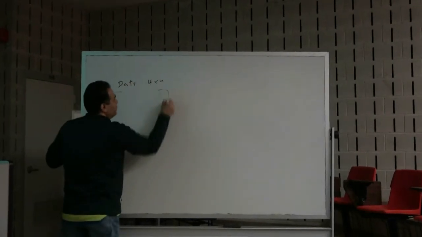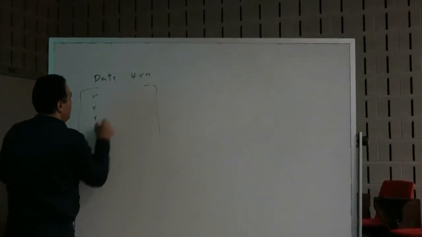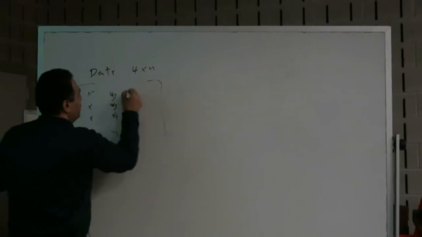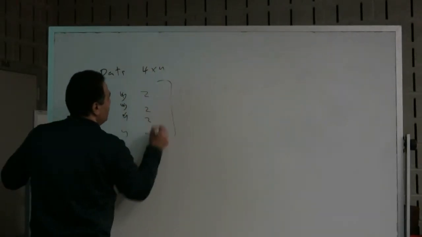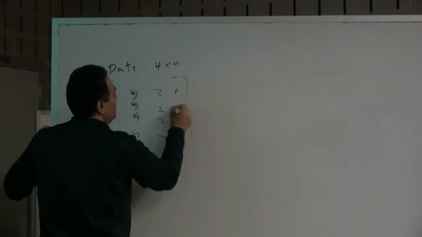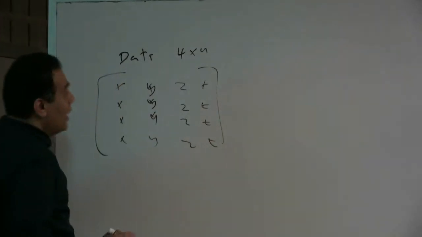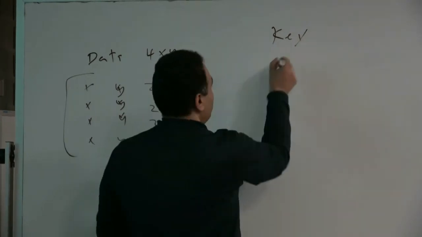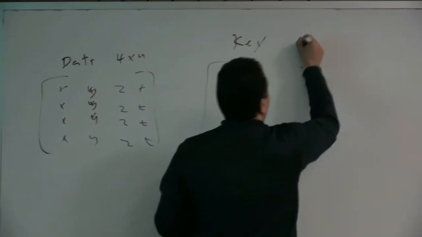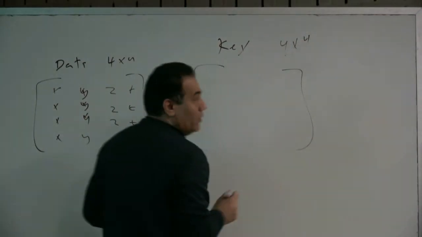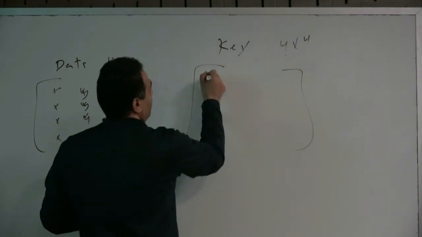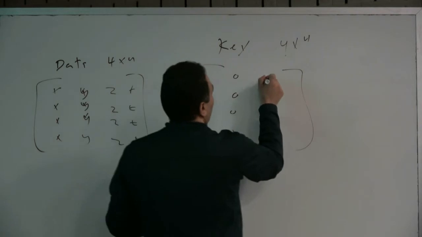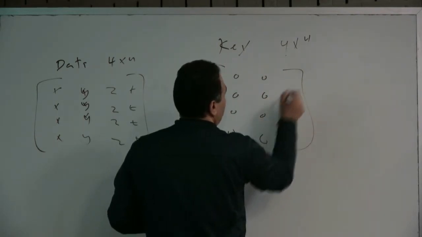It will be like this: Y, Y, Y, Y, Z, Z, Z, Z, T, T, T, T. And the same thing, the key is 128 bits, so you also make it 4 by 4. 1, 2, 3, 4. 1, 2, 3, 4. 1, 2, 3, 4.